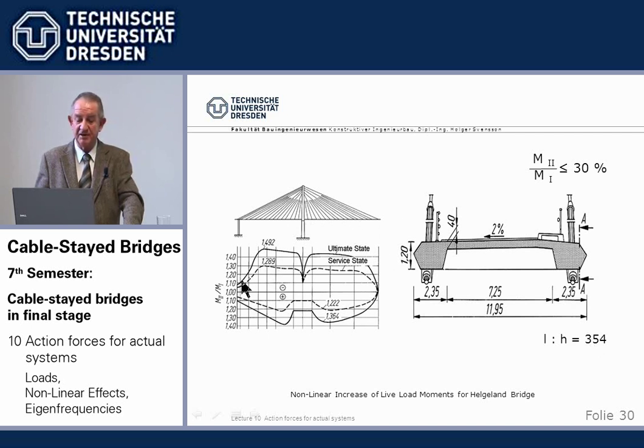Now there we have, under service load, 30% increase in life load, and if we go to ultimate, we come to 50%. So that's about the limit. You can't go more slender because of the second order theory. But we had strong winds there. We wanted to reduce the wind loads.